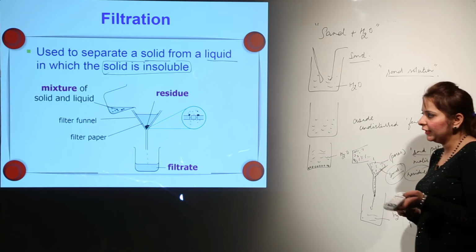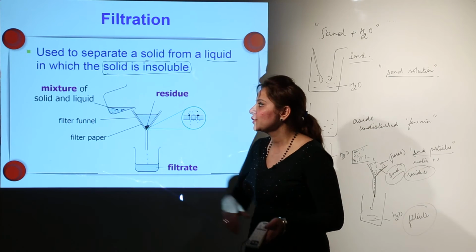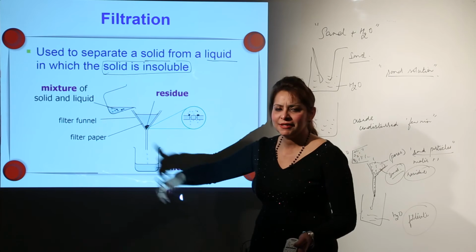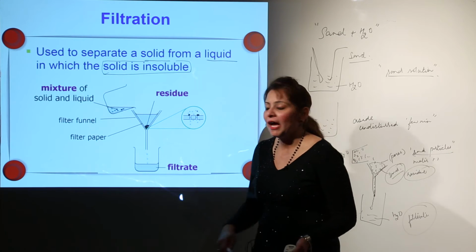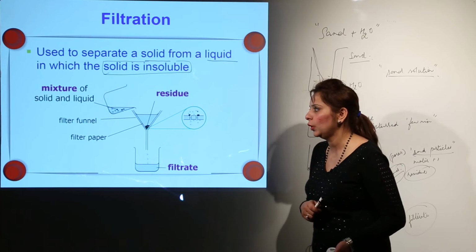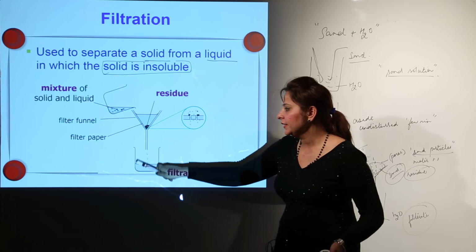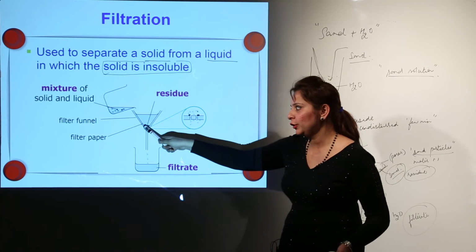So again I am doing it for you. From this picture you can see a beaker which contains water, or any liquid with solid, and the property is that the solid does not have a tendency to get dissolved, right. This is a funnel containing a filter paper, and there is a clean beaker. We are pouring this solution into it.